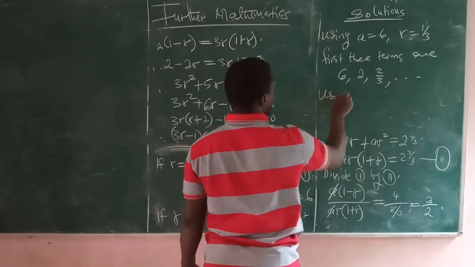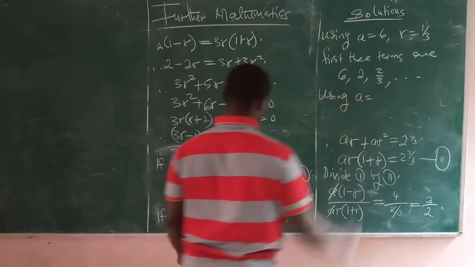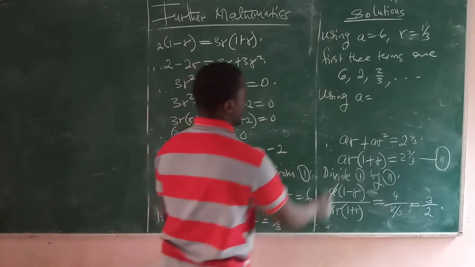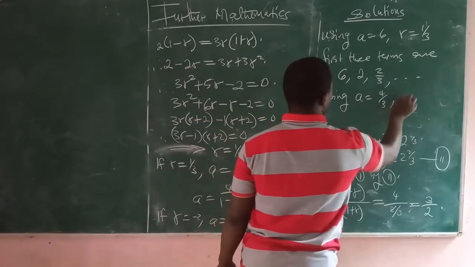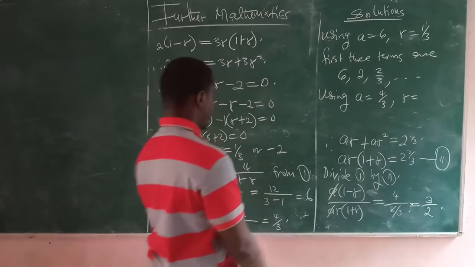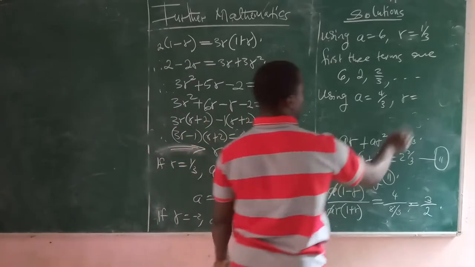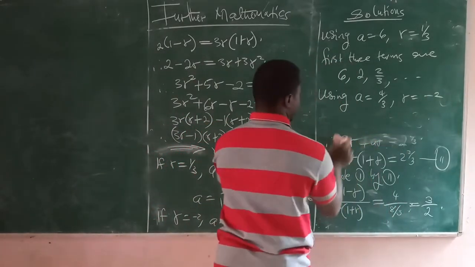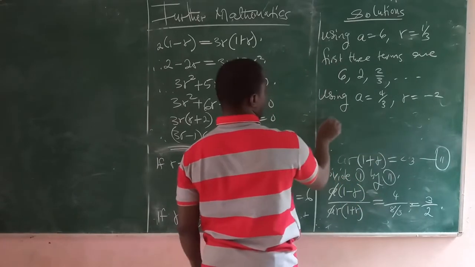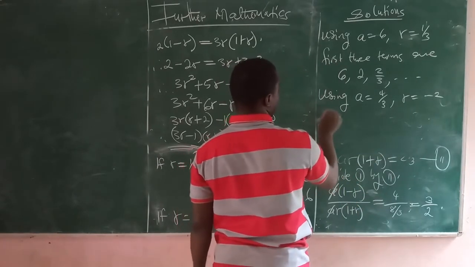Using A equal to 4 over 3, R equal to minus 2. What do we have?